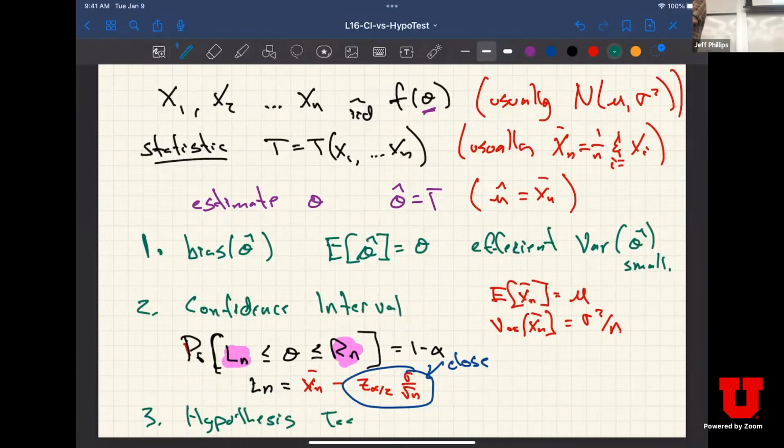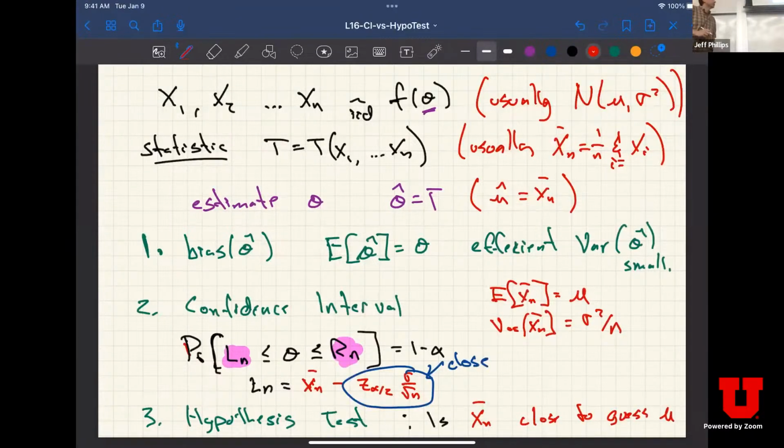The other one is going to be the hypothesis test. The hypothesis test is a little bit different in that we suppose we have a guess of what the true value is, and we ask, is xn bar close to that guess?